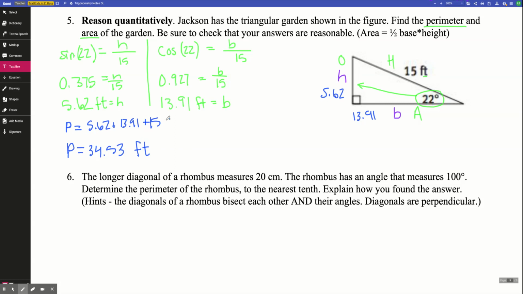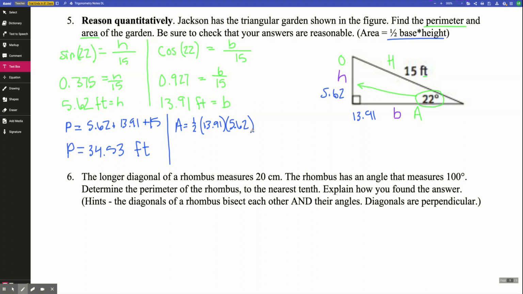Okay. So that's perimeter. And then for area, I gave you a formula, just in case you didn't remember. So to find the area of a triangle, you do base times height, and then cut that number in half. So divide it by 2. So my area is 1/2 base, which is 13.91, times height, which is 5.62.